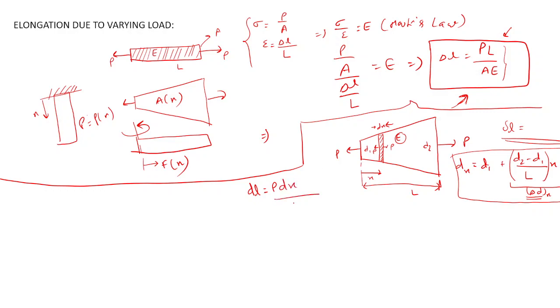So PL by A. Area we can take from here now, so area would be pi dx square by 4, and E is the constant. Is this equation okay to everyone? Now what would be the total delta L? We will integrate this first equation from 0 to L.